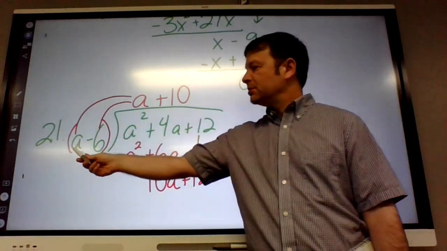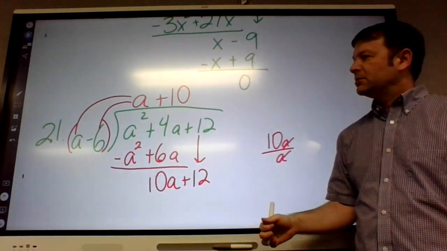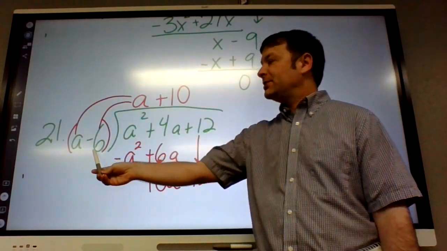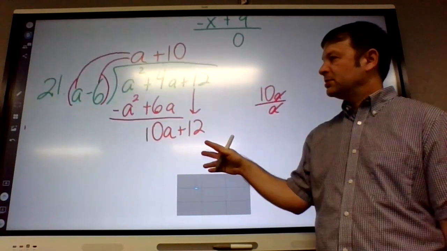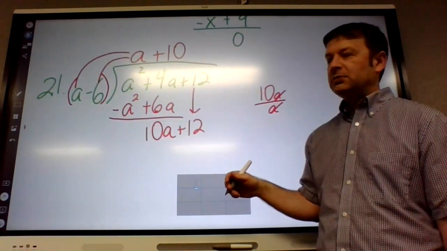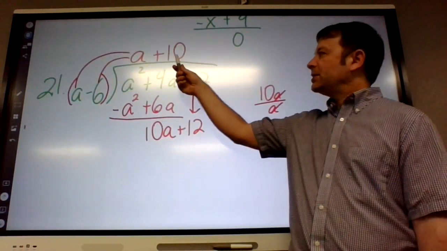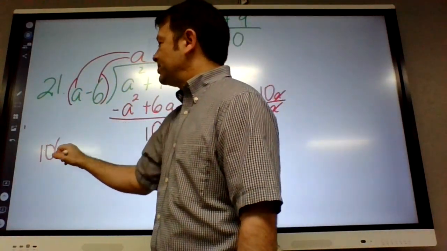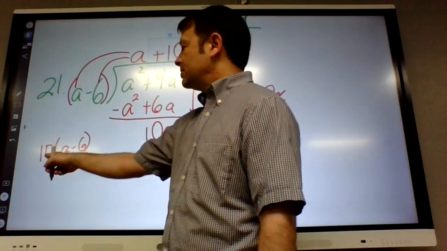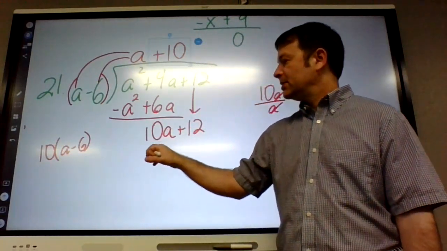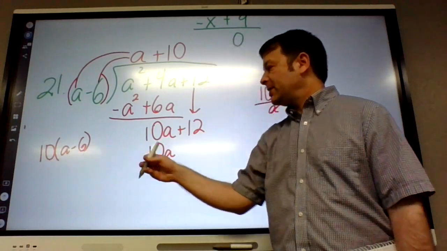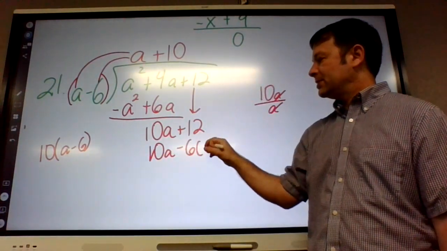And then you do 10 times a minus 6. So 10 times a, 10a. And then minus 60. 10 times minus 6, yep, minus 60.